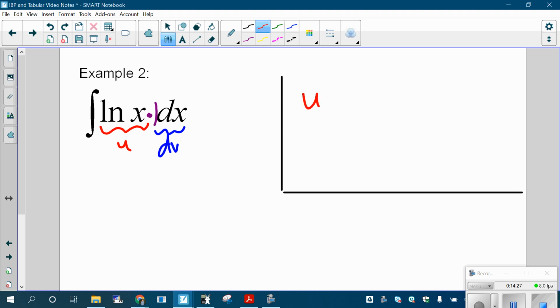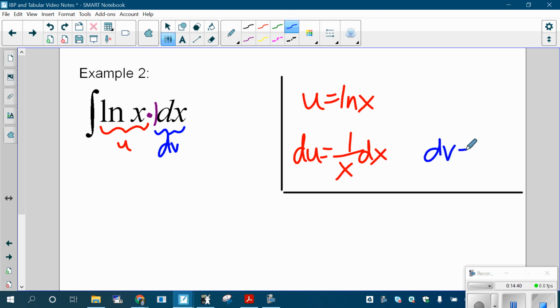Okay? So then u is ln of x. So then du is 1 over x dx. dv is just 1. So then v is the antiderivative of 1. It's just x.